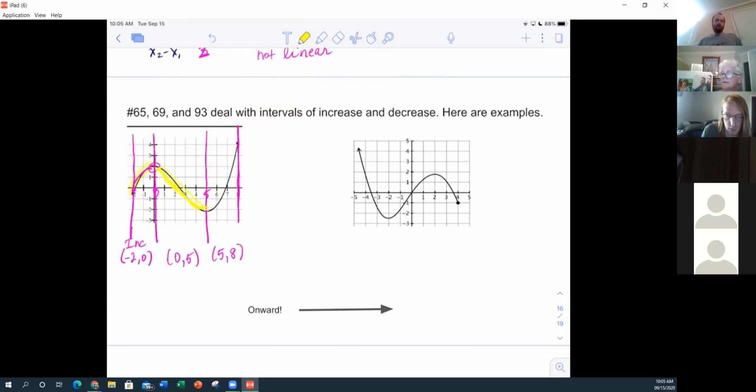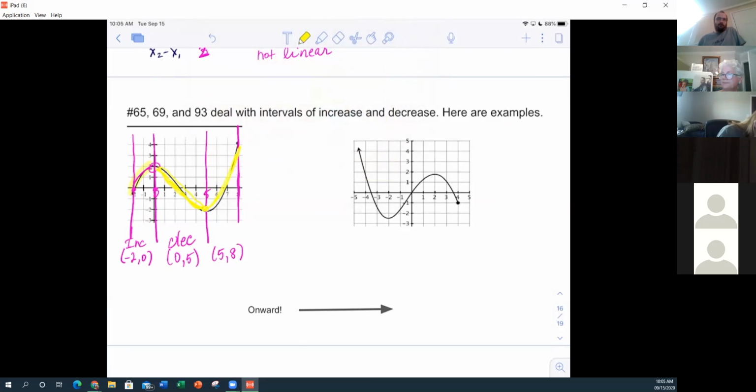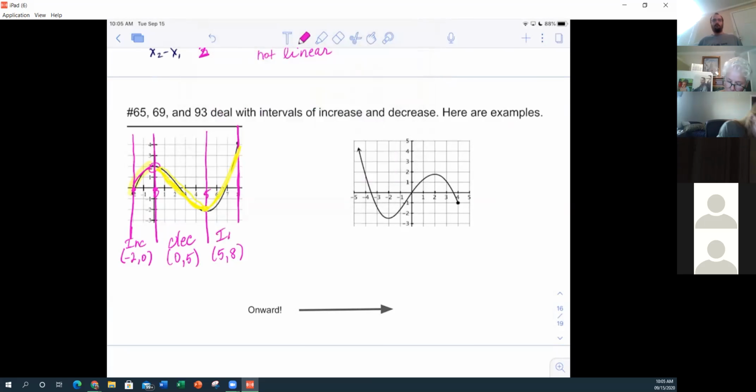Decreasing. Good. And finally, what is happening between 5 and 8? Another increase, right? Now this is how I do it. And there's other ways you can do it, I'm sure.